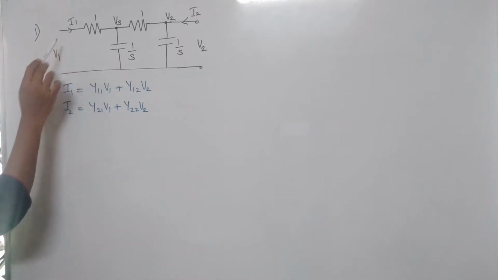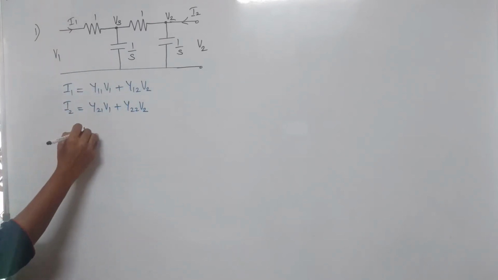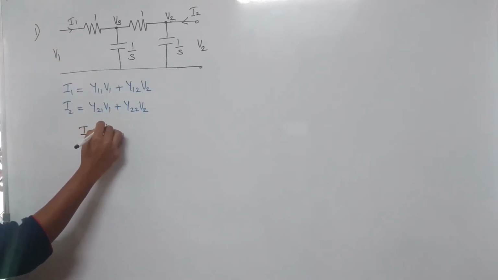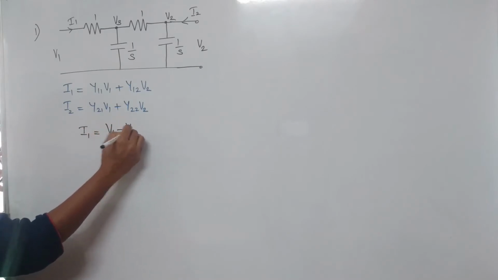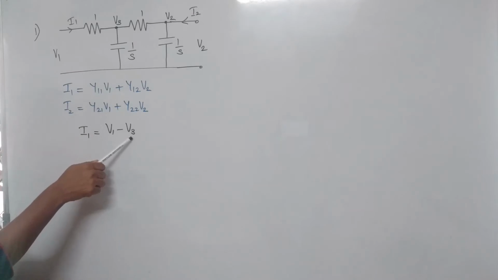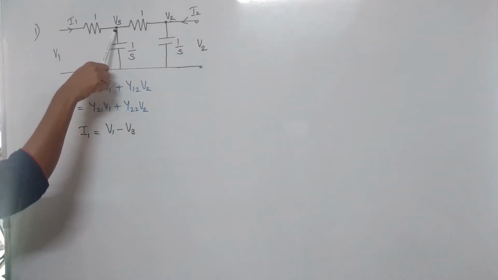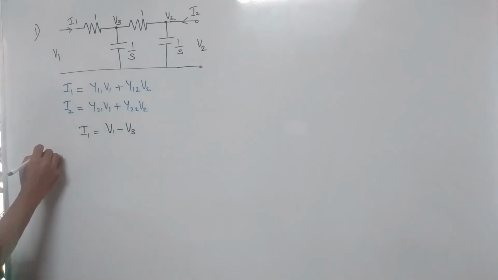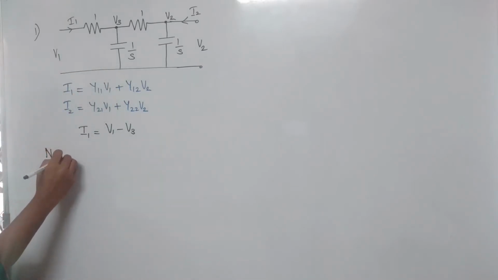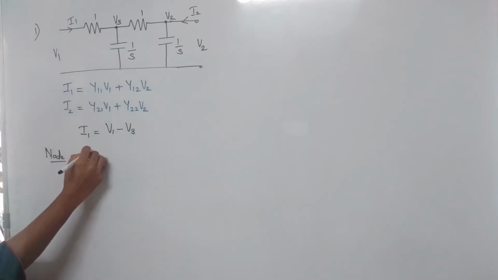Now what is I1 in terms of V1 and V3? I1 can be written as V1 minus V3. Here V3 is not allowed, right? So let's write the node equation with respect to V3. When we write the KCL equation, I1 is given as entering, so let's keep it as such.